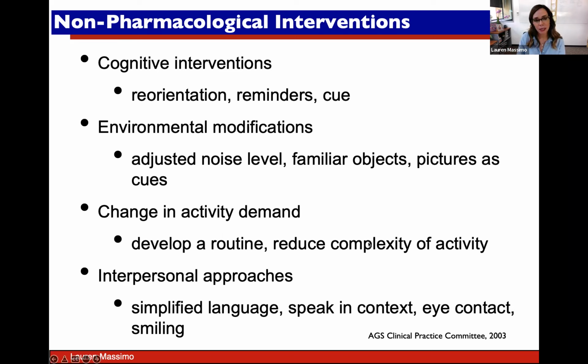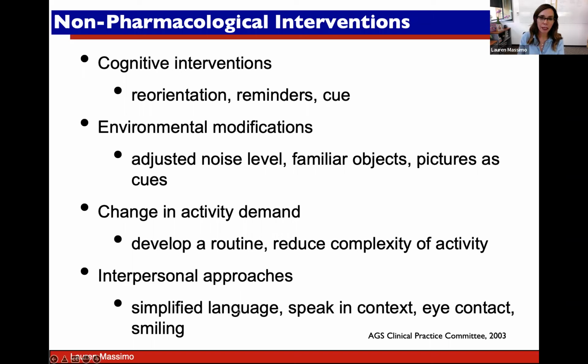So again, breaking down activities can be really important. Things like making a sandwich, that's a pretty complex activity. So laying out the bread and the peanut butter and jelly for the patient, and just taking them through one step at a time in making a sandwich can be helpful.